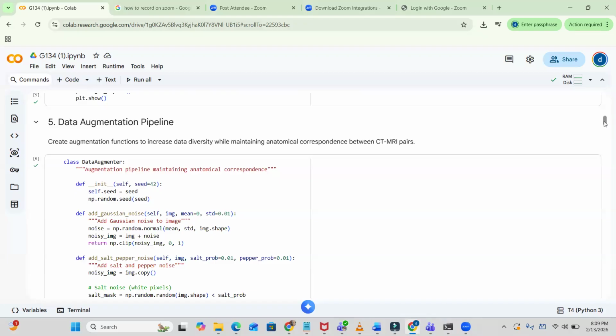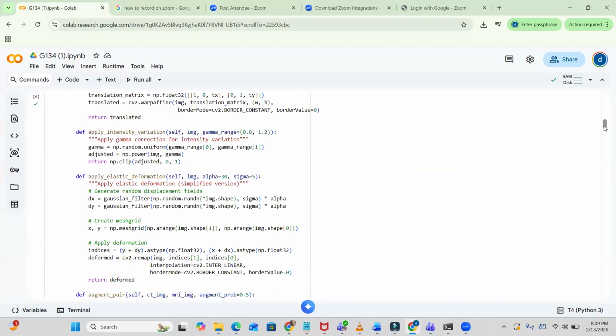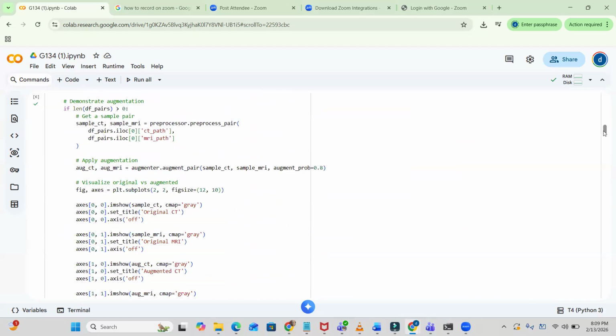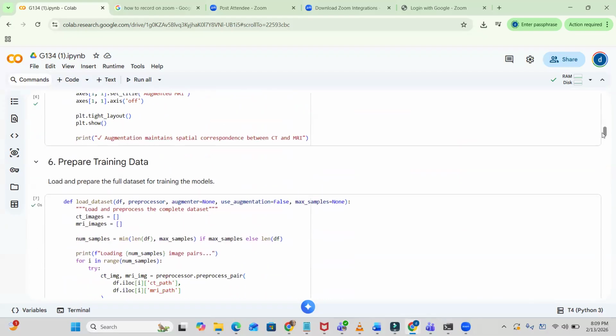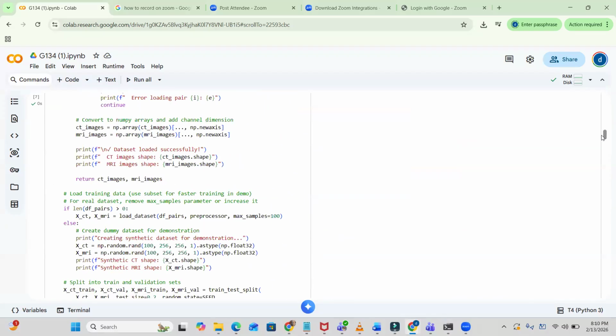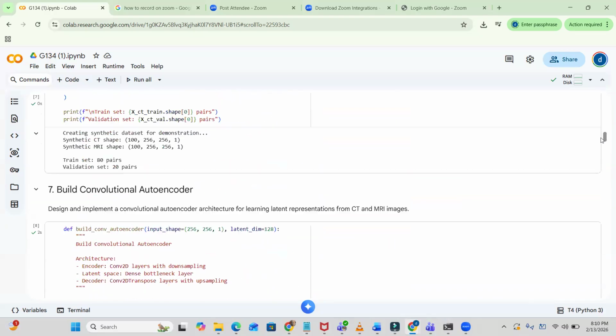They must stay aligned during the spatial transforms, but they need different intensity augmentations. My solution was the synchronization of geometric transforms using saved random states, like rotation, translation, and elastic deformation, for both the modalities, while applying independent Gaussian noise and gamma correction.